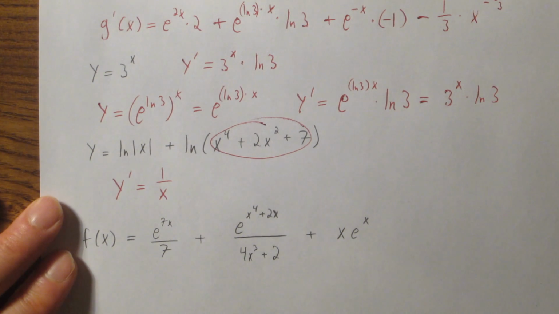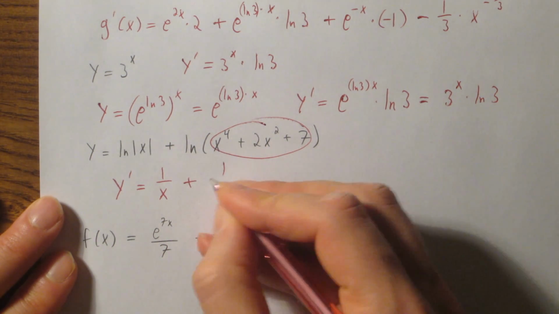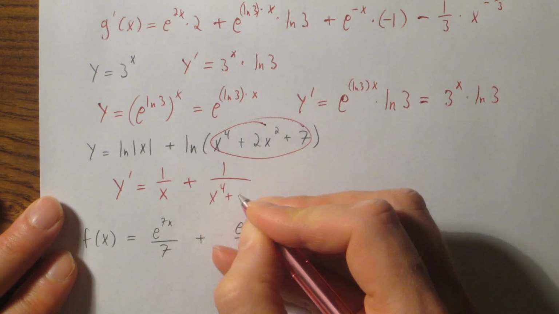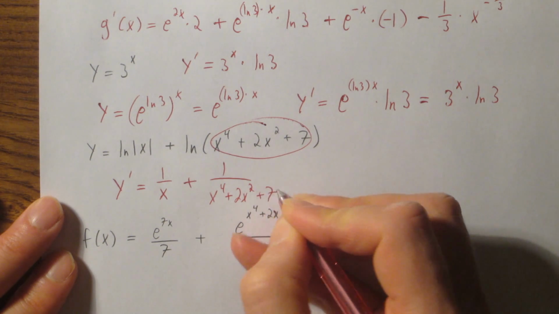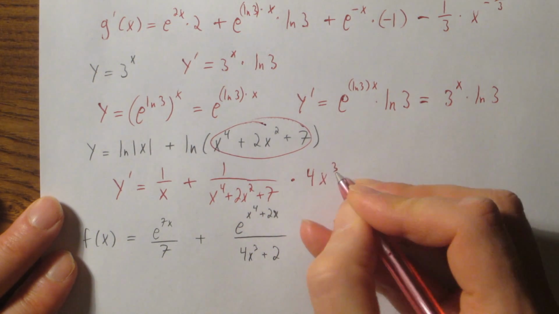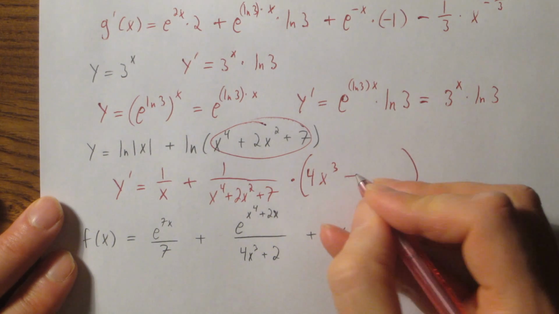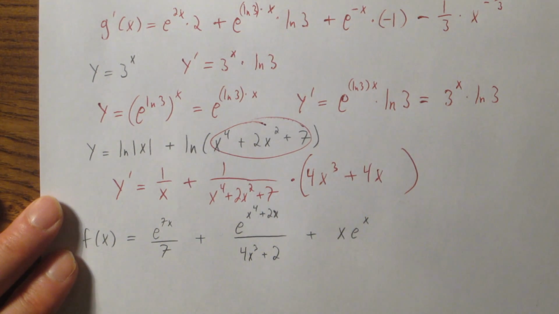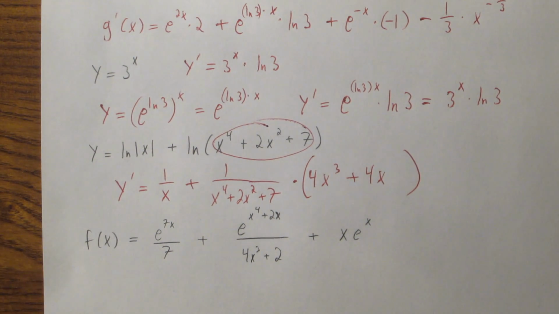Anyway, you have ln of something, you differentiate it using the chain rule, and you get 1 over something times all of the inner function's derivative. So when you differentiate the ln of something, you get something's derivative over something.